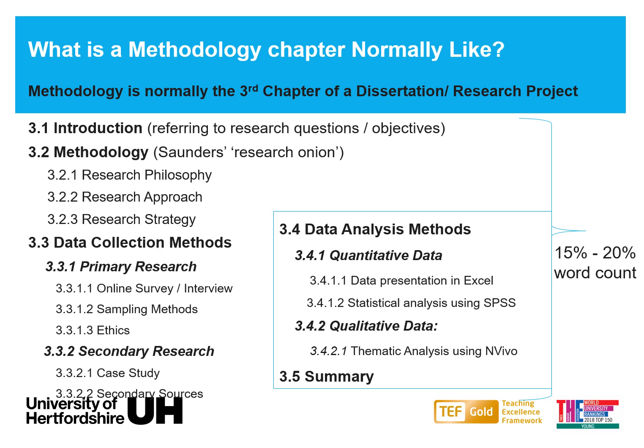Therefore, 3.1 is the introduction, and in 3.2 you may explain the specific methodologies applied in the research. If you refer to Saunders' Onion, you may refer to the philosophy, approach, and strategy. This is followed by the data collection methods in 3.3.